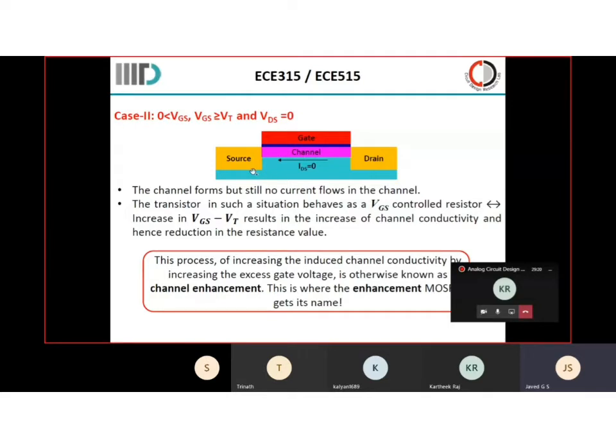So this is otherwise called channel enhancement. The process of increasing the induced channel conductivity by increasing the excess gate voltage is known as channel enhancement. And this is where the MOSFET gets its name, enhancement MOSFET.